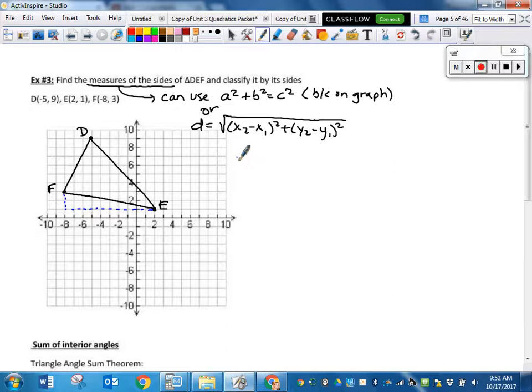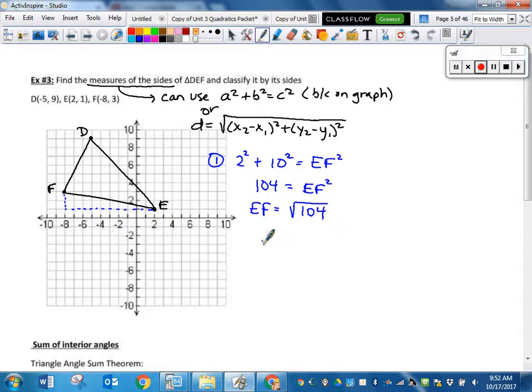it would be 2 squared plus 1, 2, 3, 4, 5, 6, 7, 8, 9, 10. 10 squared would equal EF squared. So 104 is equal to EF squared, which means EF is equal to the square root of 104.